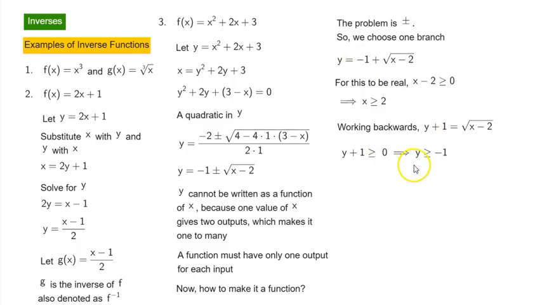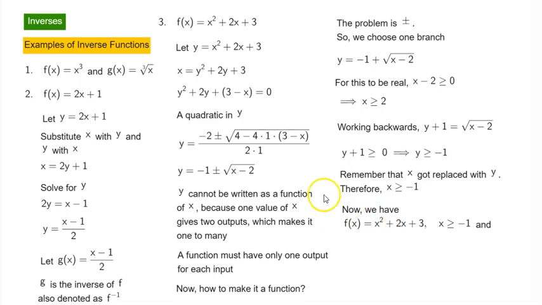See, all this we are doing to figure out what should be the restriction on the original function. But x got replaced with y. So therefore, x has to be greater than or equal to minus 1. So now we have f of x equal to x square plus 2x plus 3.